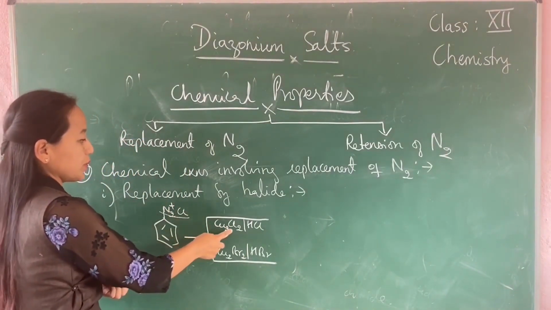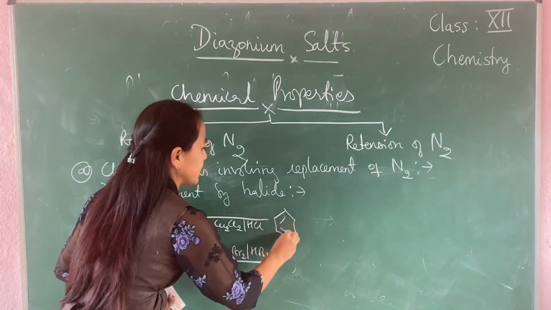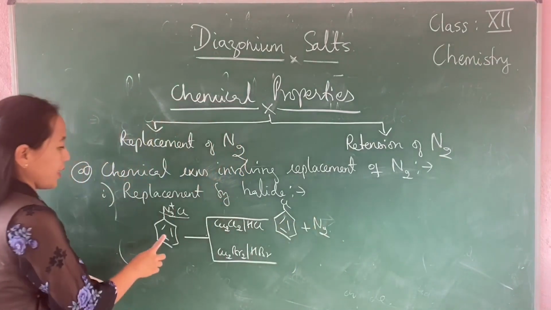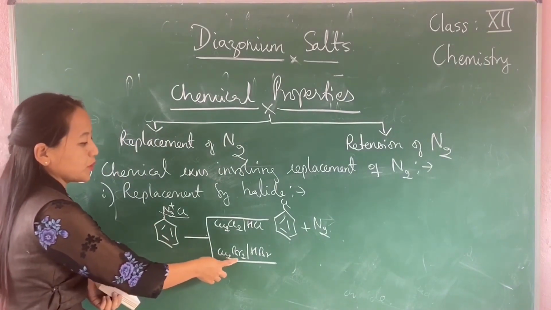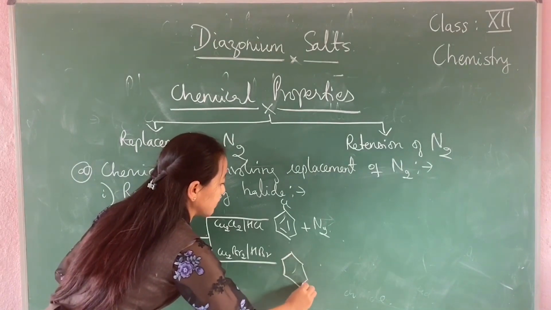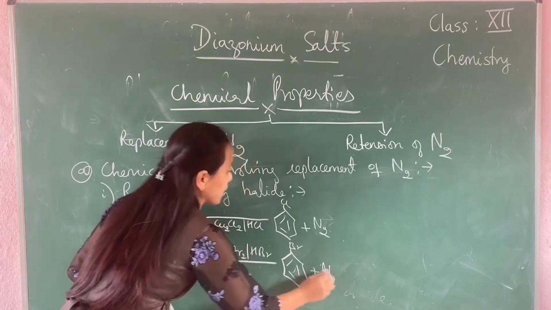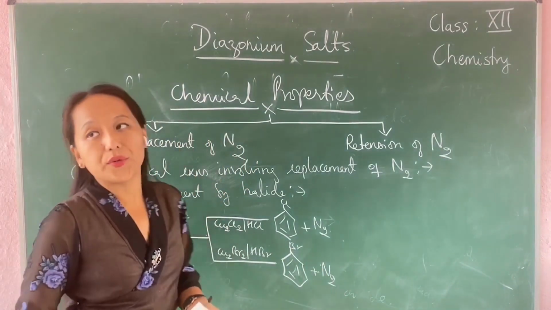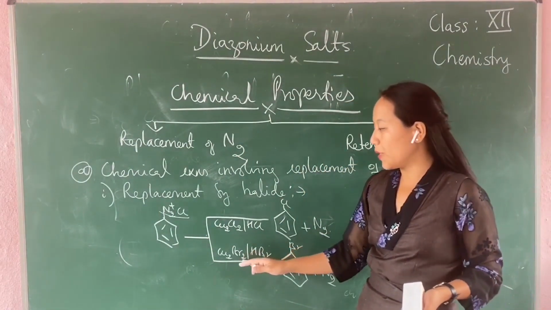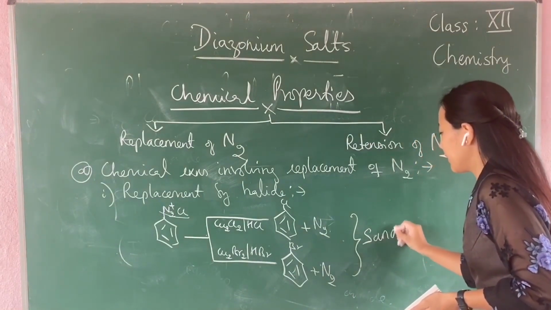So if I treat it with cuprous chloride and HCl, you are going to introduce a chlorine atom here and N2 gas will be released. Whereas in this case, when you treat it with cuprous bromide in the presence of HBr, you are going to introduce a bromine atom on the benzene ring, Br plus N2. So this type of reaction where you are using Cu2Cl2 in the presence of HCl and Cu2Br2 in the presence of HBr is called Sandmeyer's reaction.